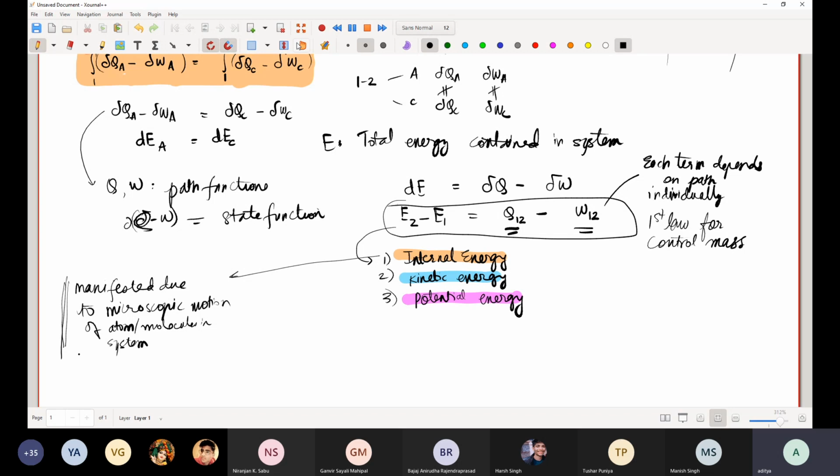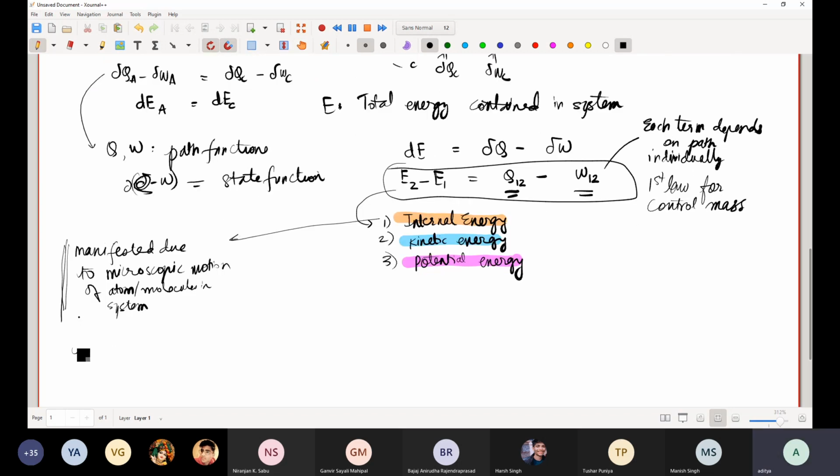Okay, meaning that if the amount of collisions and vibrations of the molecules increases, we say that the temperature has increased, and the temperature increase that you perceive as something measurable is basically nothing but a statement which says that the internal energy has also increased.